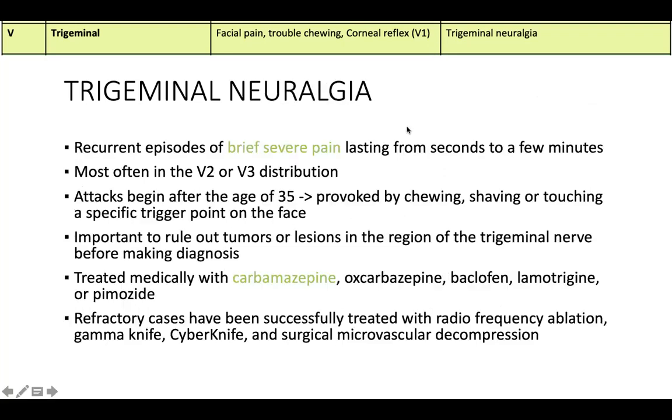With trigeminal neuralgia, there's going to be brief severe pain, usually in the V2, V3 distribution, usually like a cold burst of wind, and chewing can aggravate it. Make sure that you rule out tumors and you don't just assume that's what this is. And then treatment is going to be carbamazepine. That's the most common treatment.